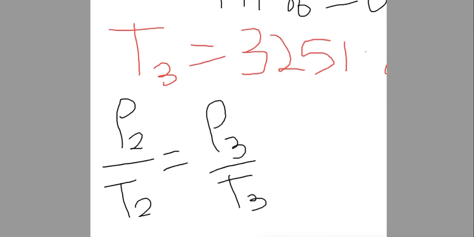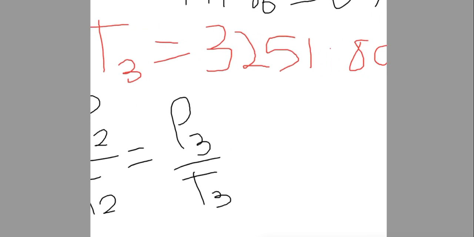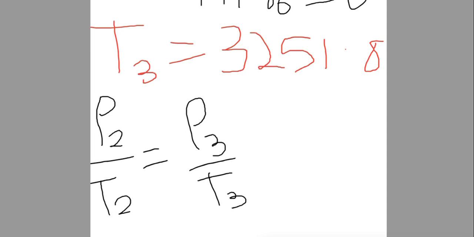So now we have our value for P2, we have our value for T2, and we have our value for T3. So therefore we are just going to use these values here and make P3 the subject of the formula.